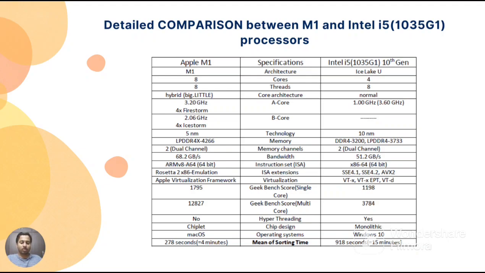So we can come to the conclusion for this benchmark that the M1 processor has the upper hand here, because its performance is much better in the multi-core, and hence we can say that it is possible for the M1 processor to take this many seconds for execution, and the Intel processor will take this many seconds for execution of the program.